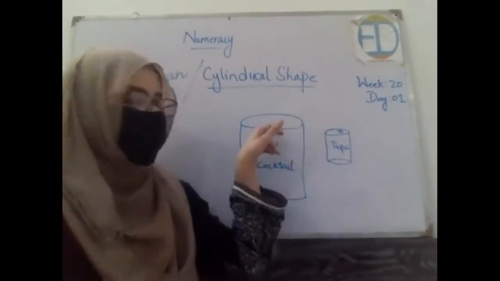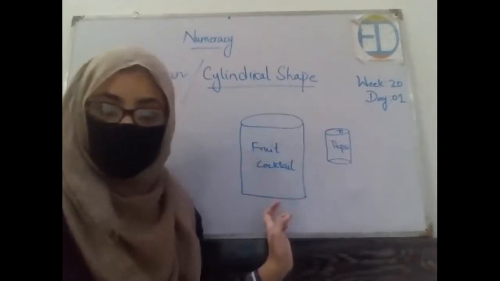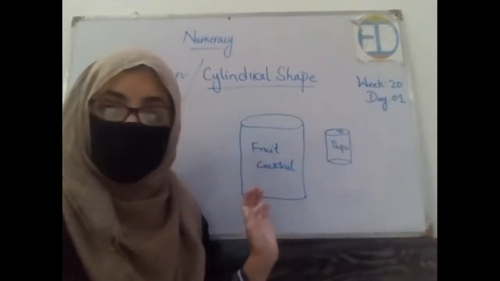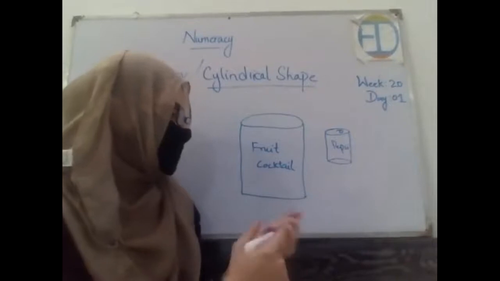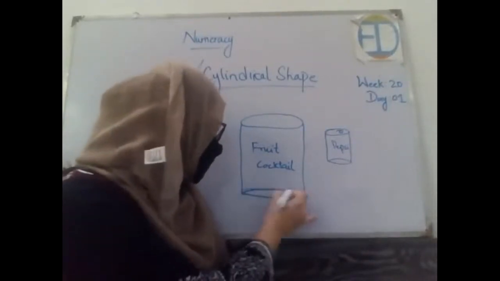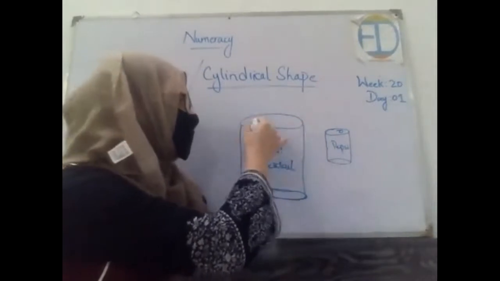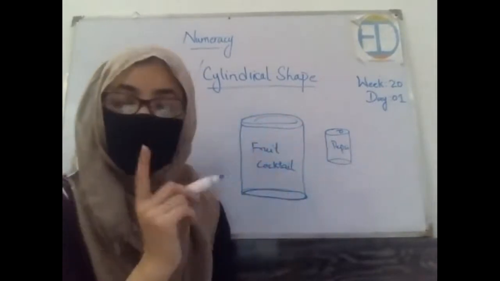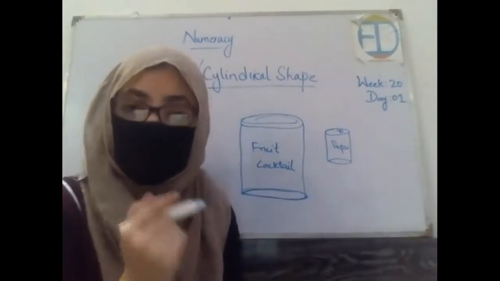See, this one is flat and this one is also, right? So they are two flat sides, but what is their shape? This is also circular and this is also circular, right? So they have two flat sides, but they are of a circular shape.